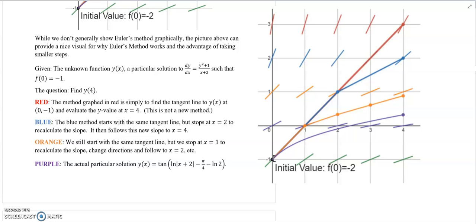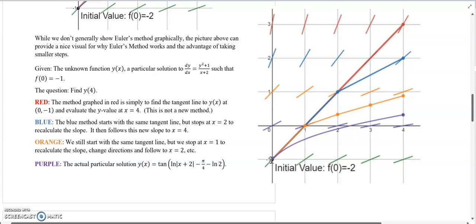And if I want to know what the y value is of that particular solution when x equals 4, well, the purple right here is going to show us the actual solution, which is going to give us a value right here. But what the first approximation does in this red approximation is that we start at the initial value and we say, oh, well, we know what the slope is at that point.